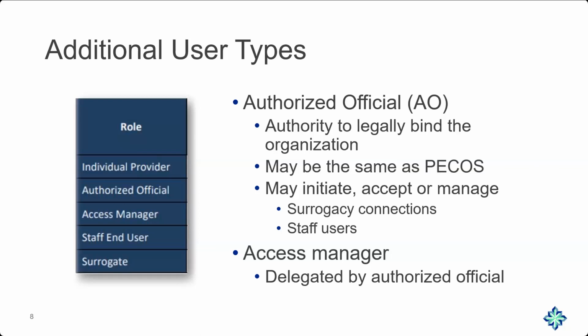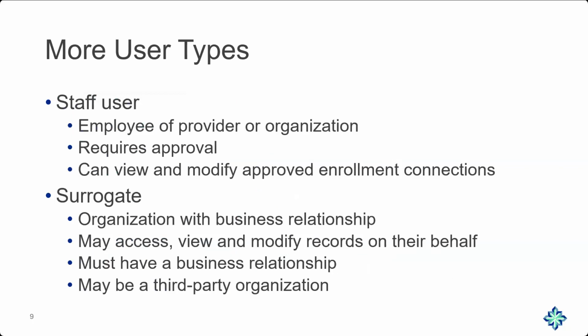So let's talk about those users and those surrogates. What are they? What's the difference? And the answer is not a lot until you get to what they can do. So they are obviously not going to be that authorized official. They're not going to be the individual provider. They are going to have a relationship to the provider.